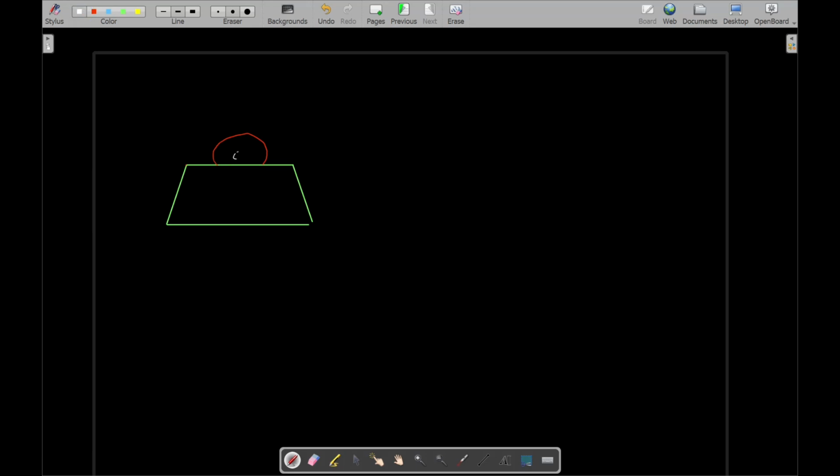This top measures 6 inches, and this is exactly in the middle. We know that this is 2 inches. This is 2 inches. And the bottom, the base of the bag, is 9 inches.